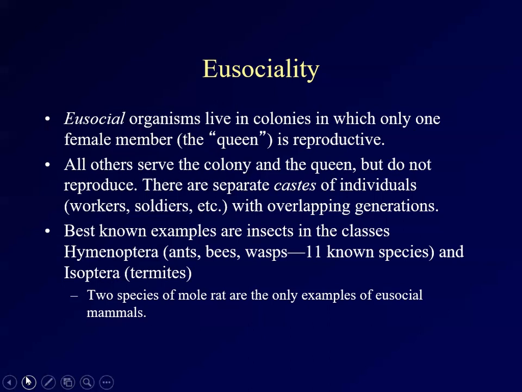The queen will fly up to a place called a drone congregation area, and a bunch of male honeybees, a bunch of drones, will try to catch her. And the first one that catches her puts his organ into her passage and ejaculates with such force that his organ breaks off and he goes falling off and crashes down to the ground like a Japanese Zero in the Marianas.